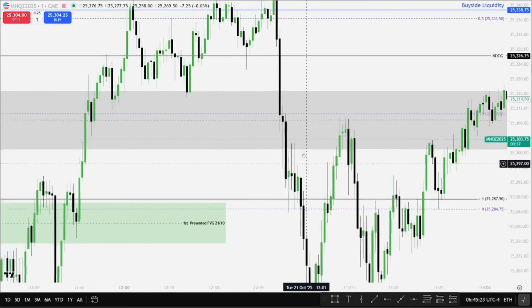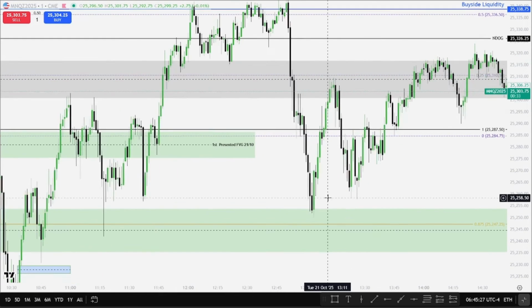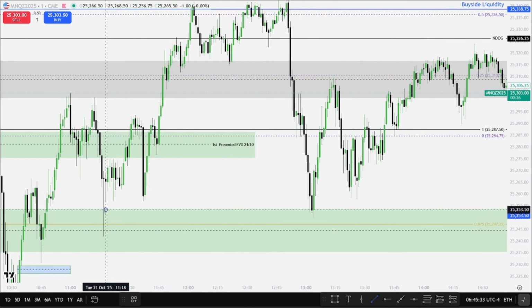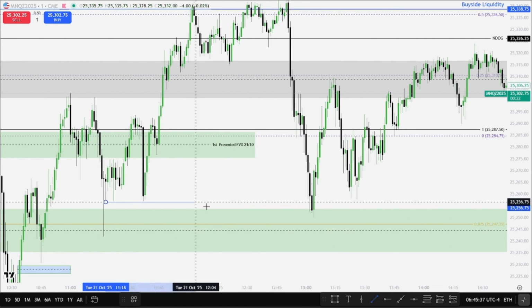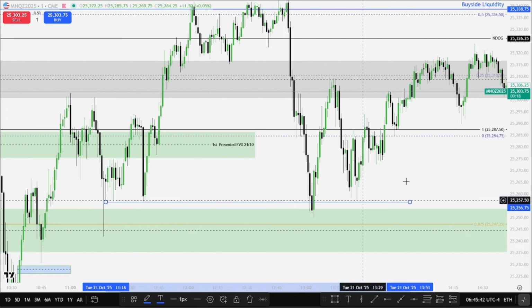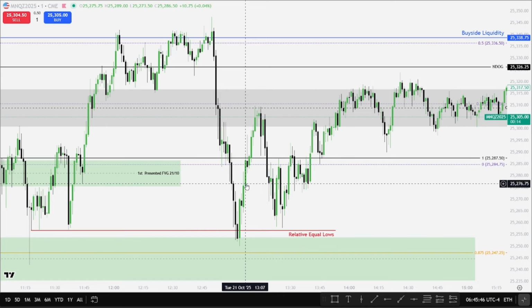Accumulates here, sends it lower, 1, 2, and gets back here. Taps these radical lows. These are radical lows. Tap them. Get back.